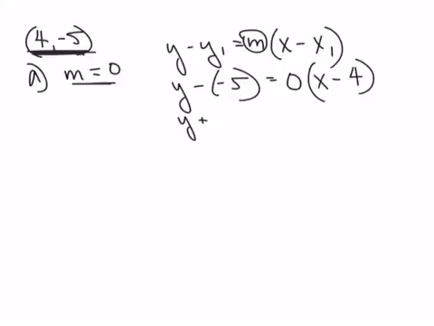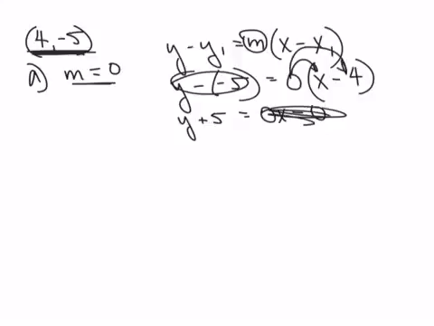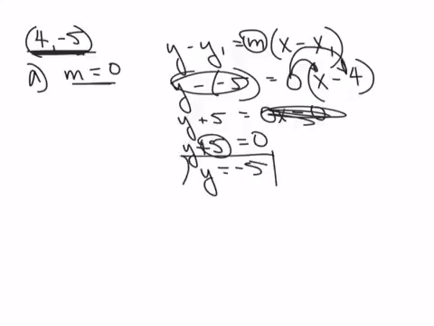So I have y plus 5 here equals 0x minus 0, right? 0 times x is 0x, 0 times negative 4 is 0, which really means all this goes away. 0 times anything is 0. So I have y plus 5 equals 0. Move this over. Y equals negative 5. And that's your answer there when the slope is 0.